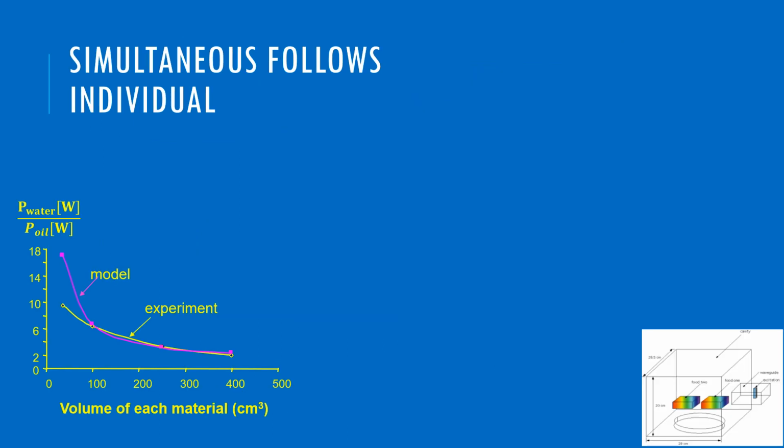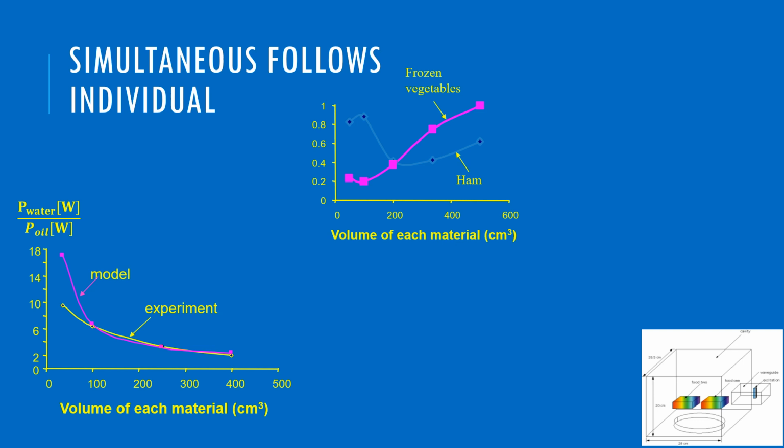What we just saw, namely simultaneous heating following the same trends as in individual heating, will now be checked for two different sets of properties. First, it's frozen vegetable and ham here. What is plotted here is the power absorbed in frozen vegetables and ham with a change of volume, and in each case it's the volume of each material.